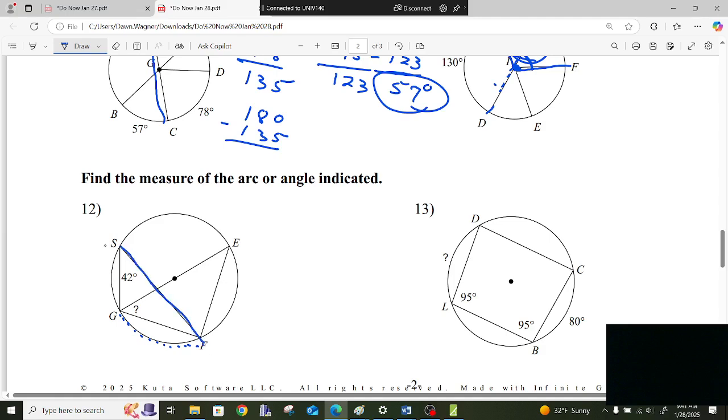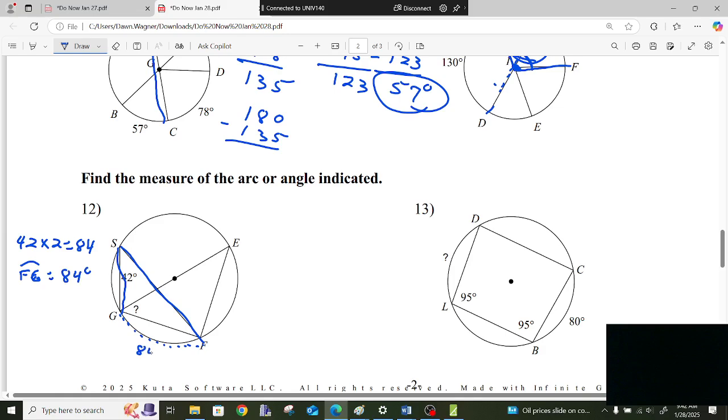So you have to double this because it's an inscribed angle now. What's 42 times 2? It's 84. So arc FG, capital G, I was going to write a lowercase one, has to be 84 degrees.